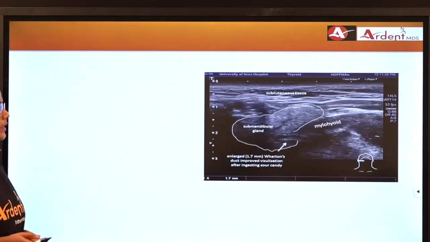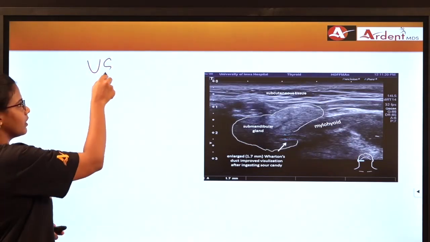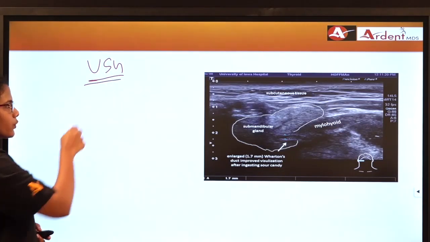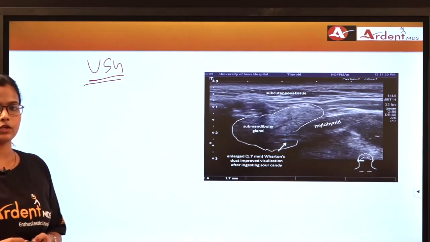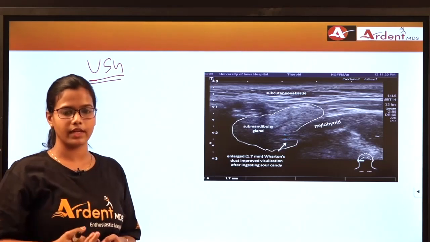Next imaging modality is USG, ultrasonography. USG is a very inexpensive and very safe method of imaging the various salivary gland disorders.